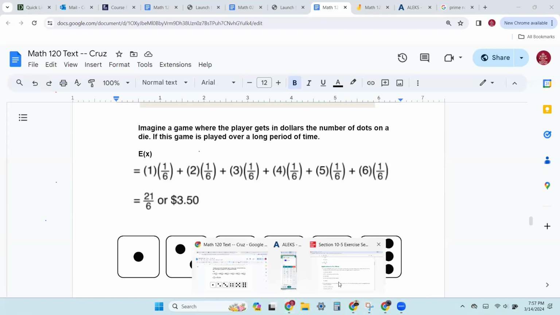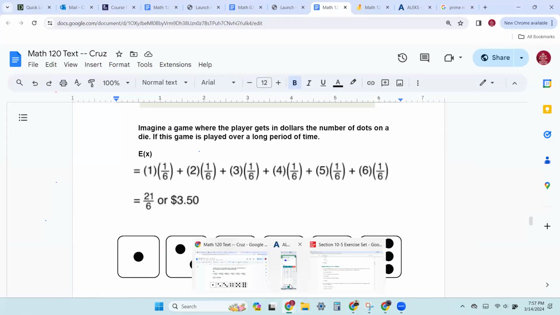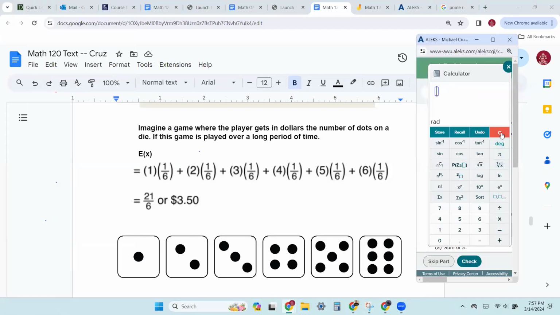see if I can do it on the calculator and show you. This calculator works real nice for this kind of stuff with fractions.